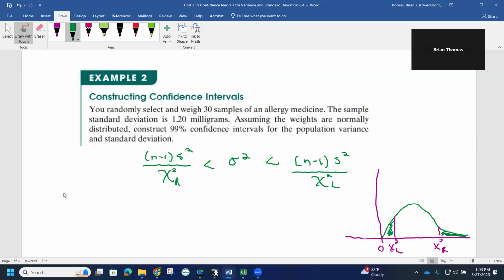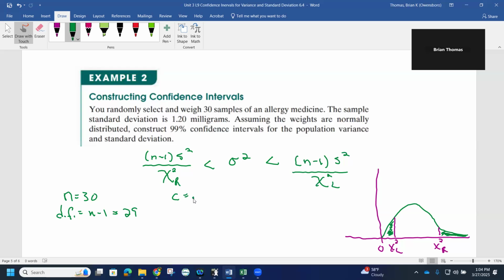Some things we need to pick up on: one is I need to know the sample size, which is the 30, because it's going to help calculate the degrees of freedom. So degrees of freedom would be n minus 1, or in other words, 29. The other thing is the level of confidence. A lot of times we'll use C for the level of confidence.